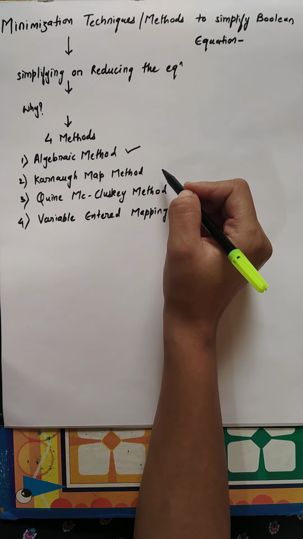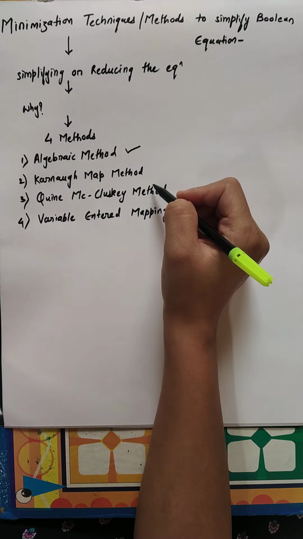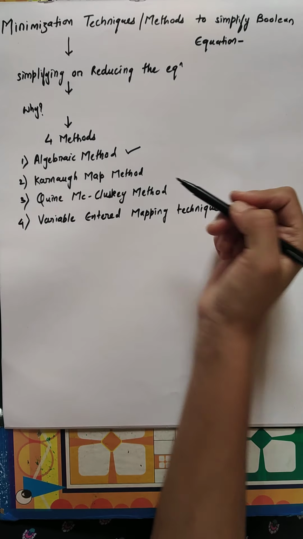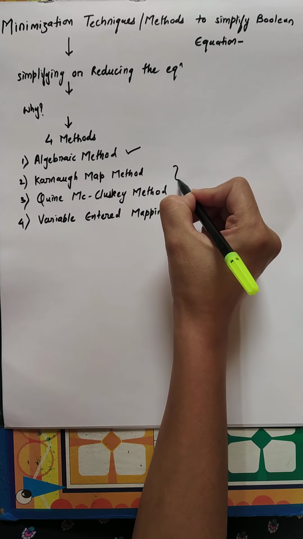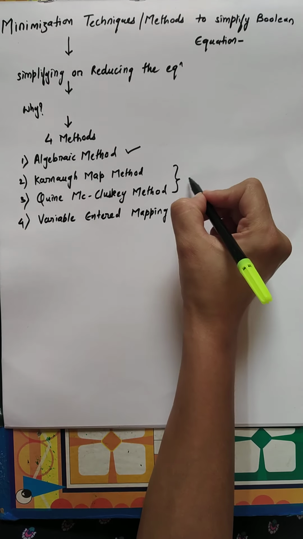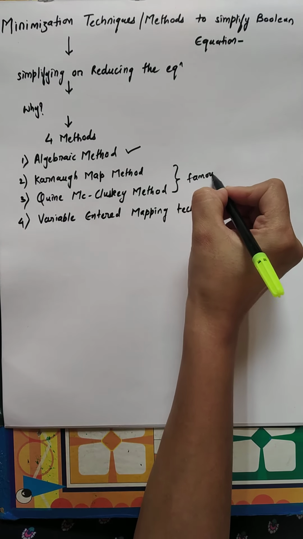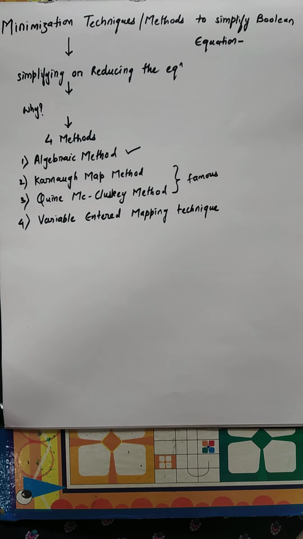That is the Karnaugh map method. Then the next method is the Quine-McCluskey method, and the last method is the variable entered mapping method. But among these four methods, two methods are famous for simplifying the Boolean equations. So those are the minimization techniques. In the next lecture we are going to see the algebraic method.